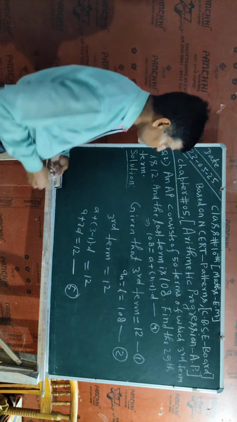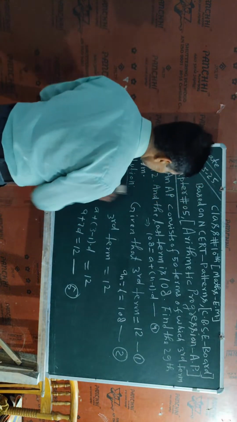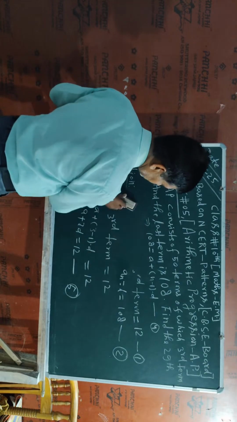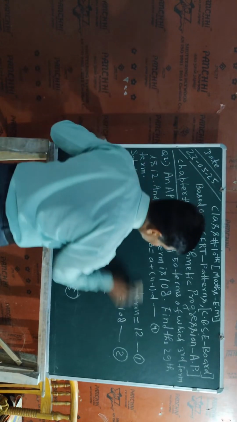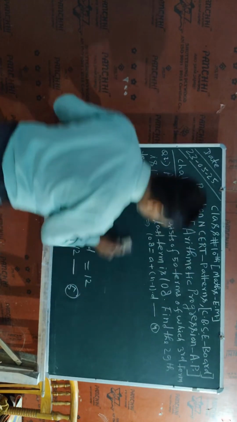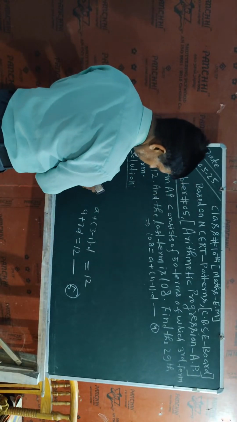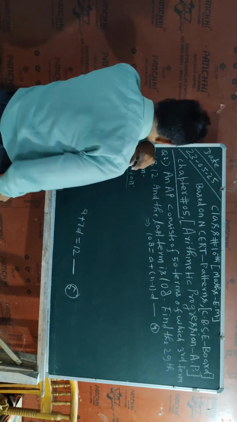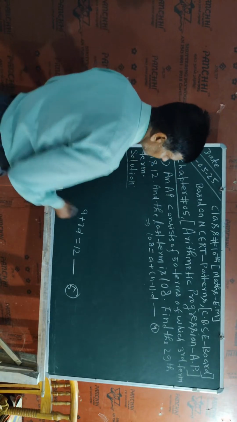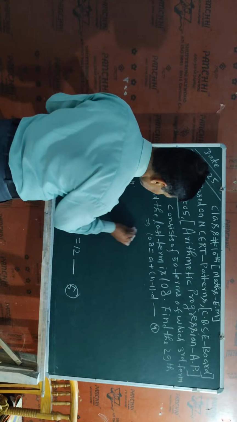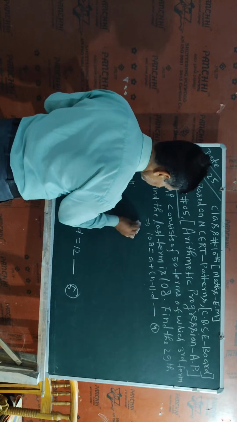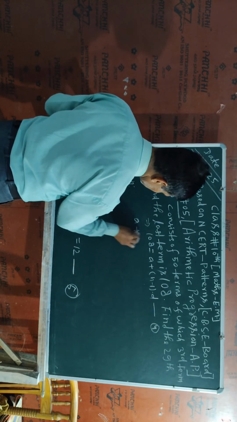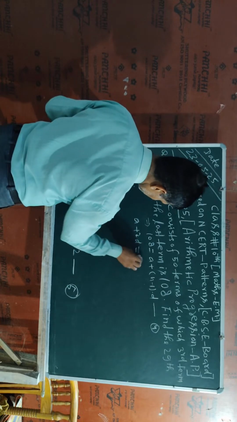Okay student, now further I am going to erase the unwanted data, and after erasing I will solve equation number 4 and 5, and then we will get the value of d. Now equation number 5: a plus 2d, which is equal to 12.